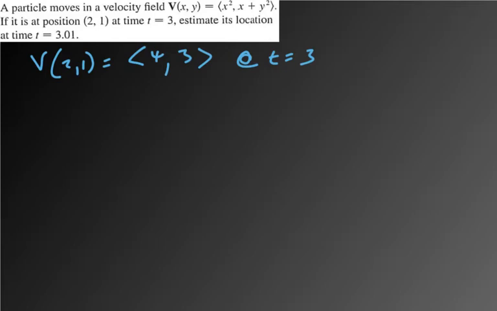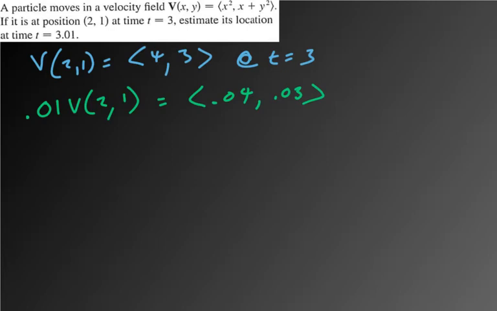So that didn't make a lot of sense when it came out of my mouth, but basically what I'm saying is if you wanted to know where you were 0.01 units of time later, you would just do 0.01 as a scalar on v of (2, 1). And if you do that, then you're just going to get 0.04 and 0.03, right? And so that's how much further you should have traveled.